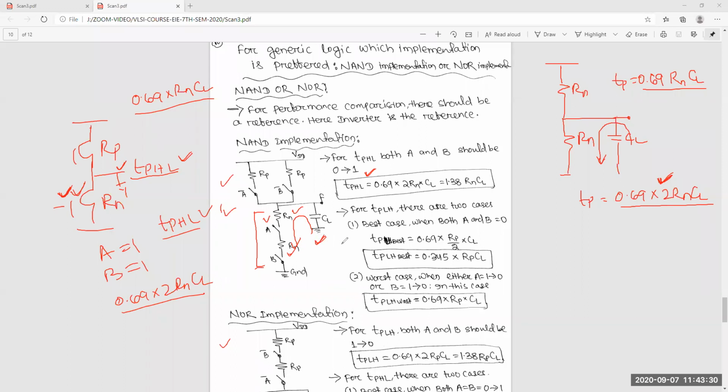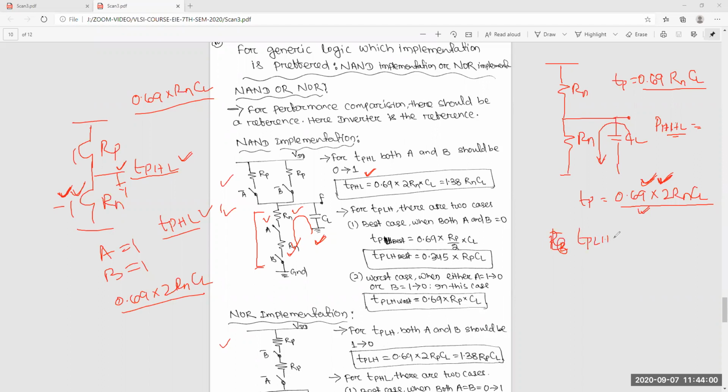This is the same for TPLH, TPHL. This is constant, you cannot change it for a NAND gate, so this will always be double. But in the other cases, TPLH you can calculate.